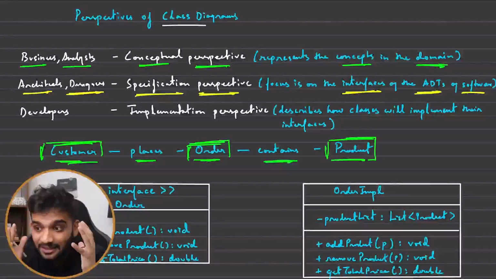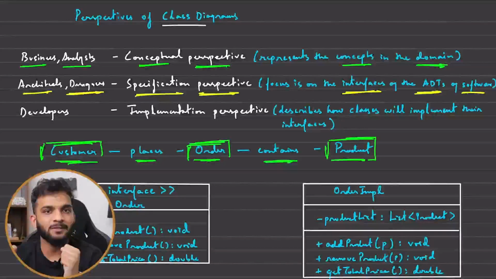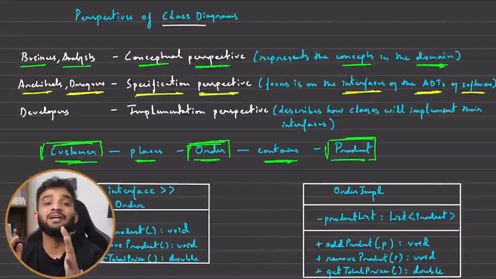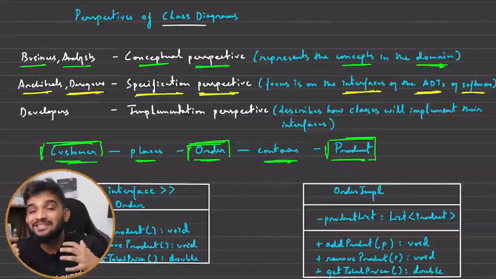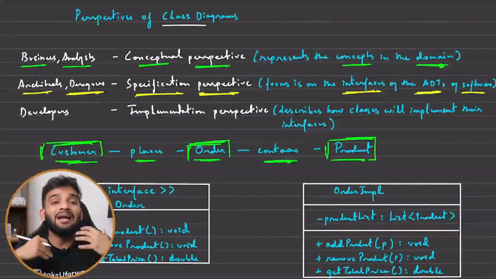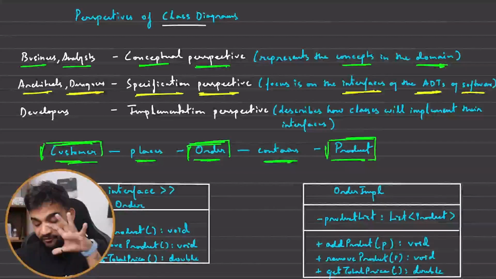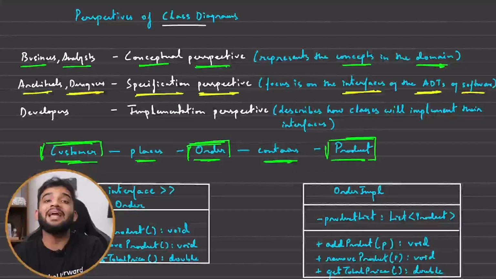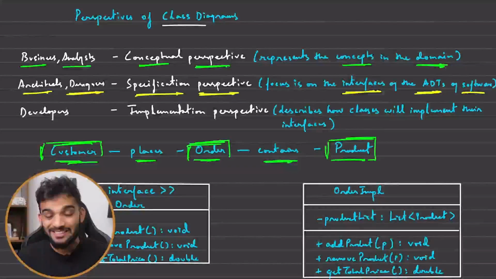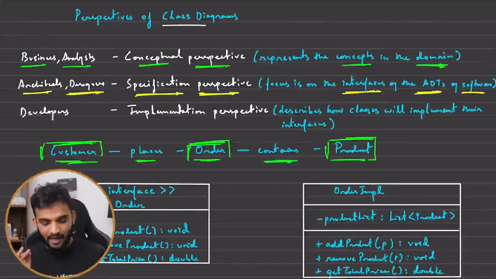So they're going to review your design. Okay, you have interfaces, you're following modularity, so that the code can be scalable, maintainable, and reusable in the future. So they will be focusing on what kind of design patterns you're using. So for them, what you could do is a specification perspective. And how does it look?